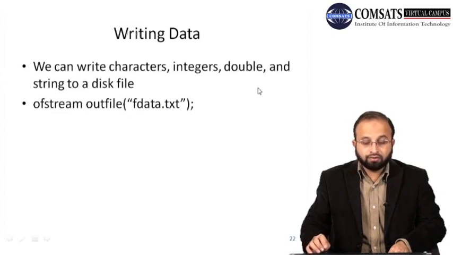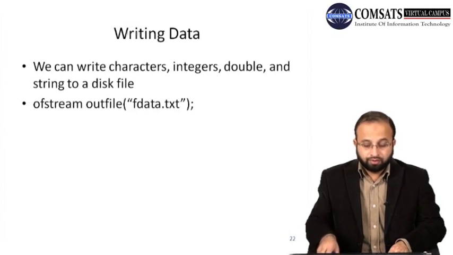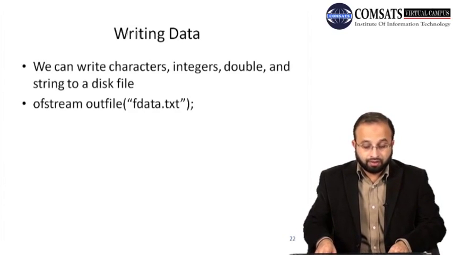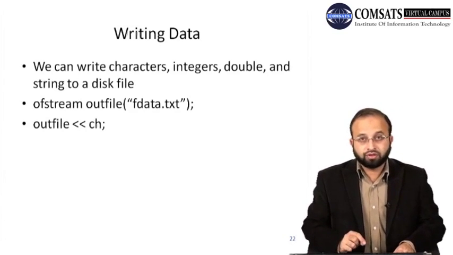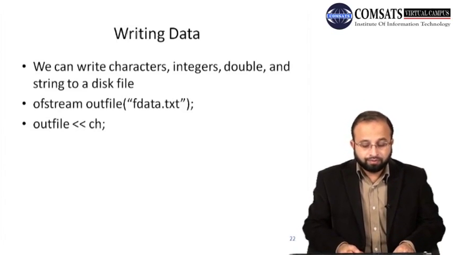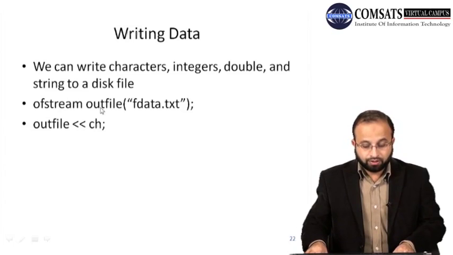Now using the outfile object, you can perform the write operation in the file, because we created an object of ofstream, that is the output file stream. So we can only perform output operations using the outfile object that is associated with the fdata.txt file.